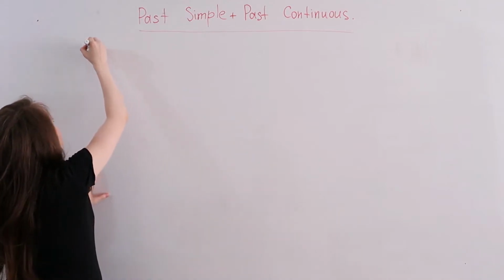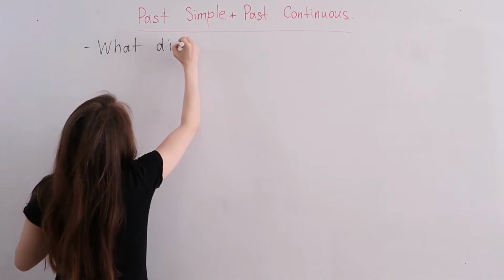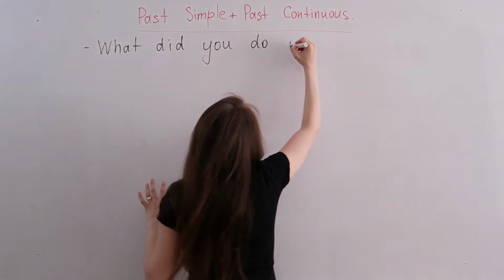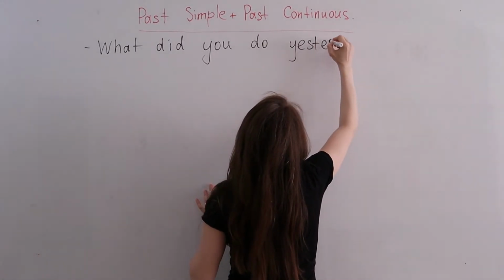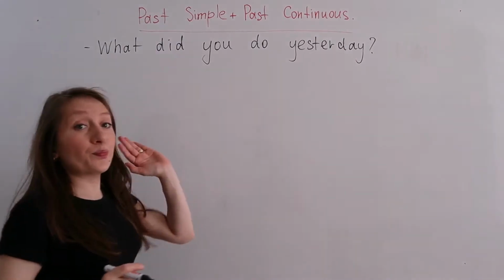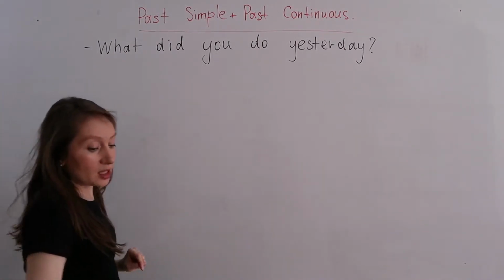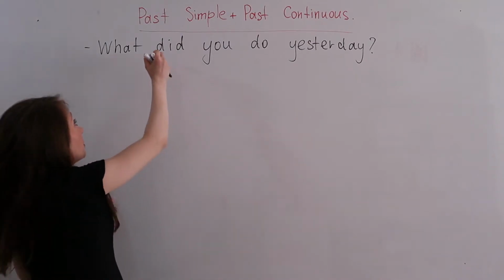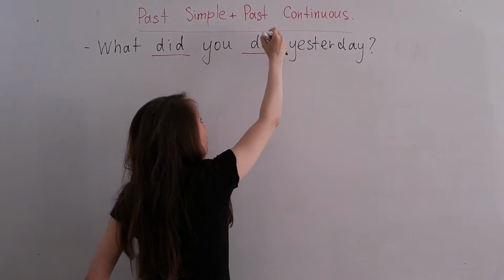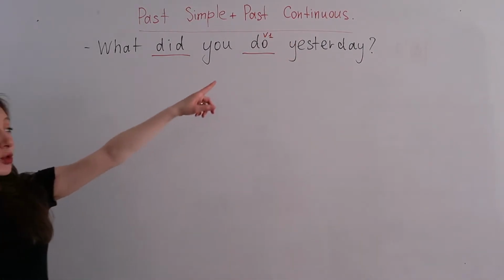For example, there is a question, what did you do yesterday? From this question, you understand that it's past tense and it's past simple because we have auxiliary verb, did, and then we have main verb with the first form, verb 1. Plus you have the word yesterday.